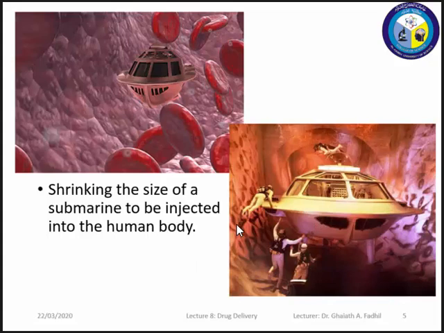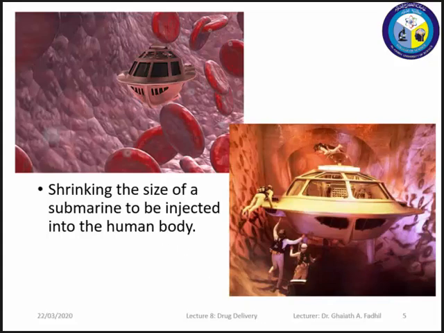The movie shows the journey inside the human body using this submarine, going through many difficult and life-endangering situations. I can't help thinking about this movie when I talk about drug delivery, because it shows our old ideas about how we can improve treatment.